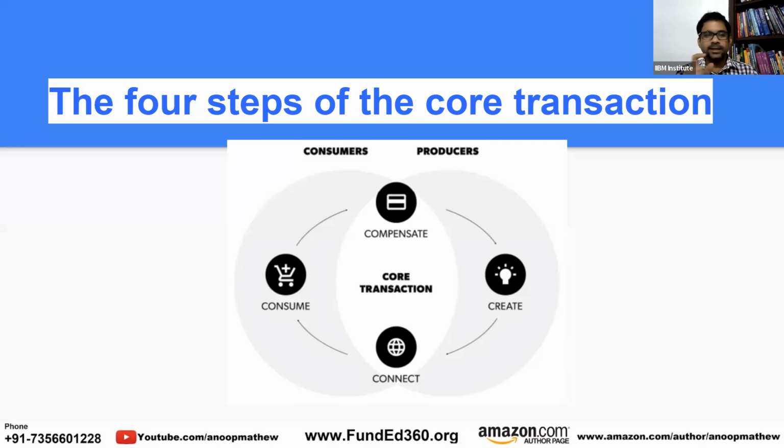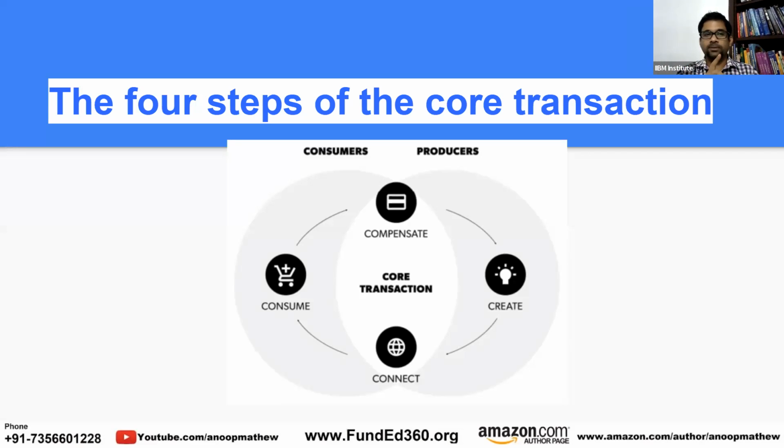Then only can he buy that. So your product should be connected with the consumer. That responsibility is that of the platform. So the Amazon platform does so. Your product will be connected to the consumer.